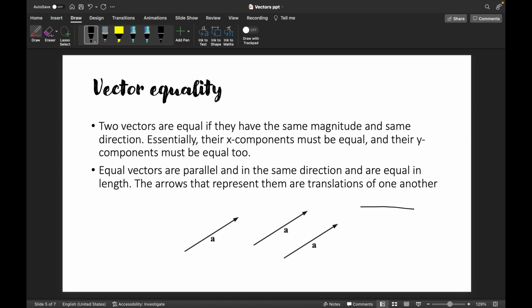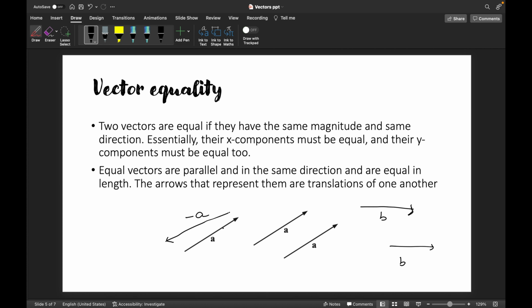If you have this one, let's say this is B, these two vectors are not equal, but this would be, because they have the same magnitude and the same direction. And if they were in opposite directions, this would be minus A because they're negative vectors.